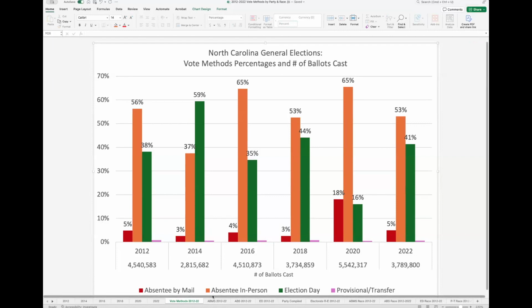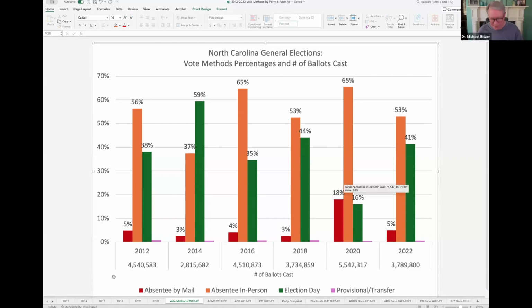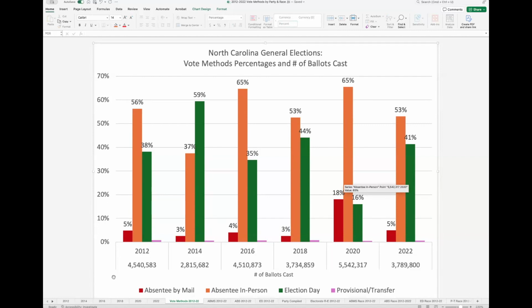Yeah, absentee in person is early vote, right? Yes. Yeah, that's what I was saying. It's interesting. They still, I guess they figured there was more space between you when you voted early, so less risk of getting COVID.